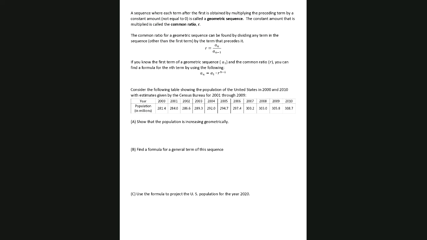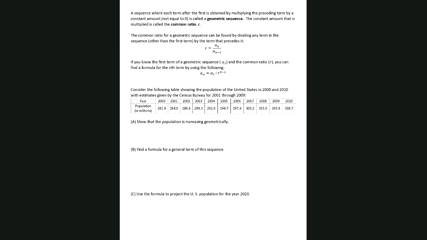All right, let's talk about another type of sequence. The other type of sequence that I want to talk about is a geometric sequence. A geometric sequence is a sequence where each term after the first is obtained by multiplying the preceding term by a constant amount, not equal to 0, of course.